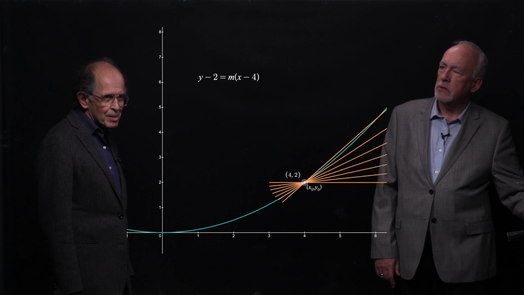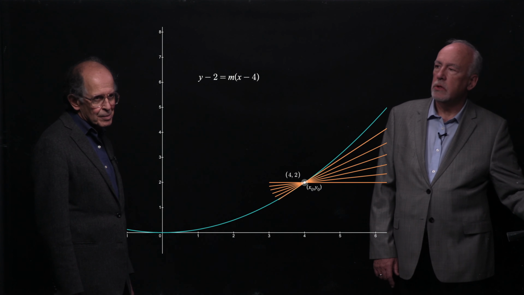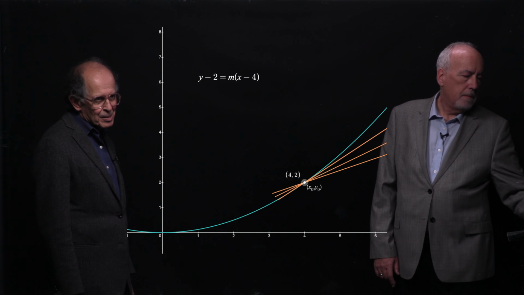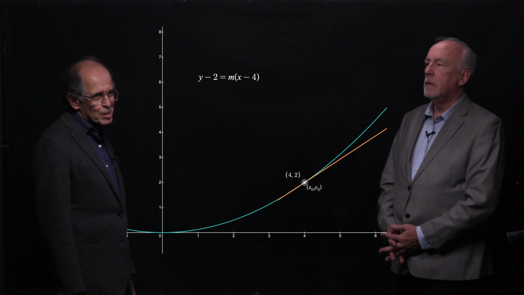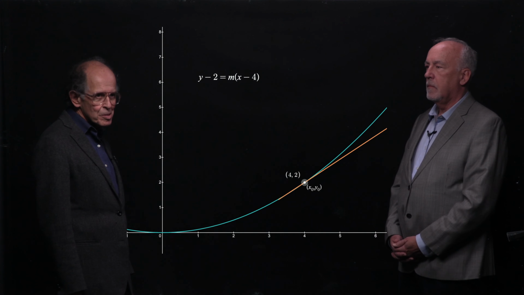This one maybe is a little too steep. That one looks pretty good. Yeah, that top one looks really quite good. The bottom ones are not steep enough, so we can get rid of them. And that one does a very good job of touching the curve at the point that you can see.